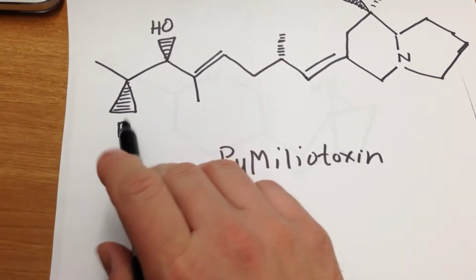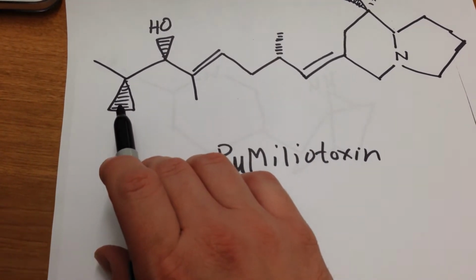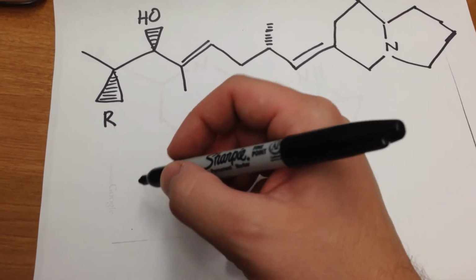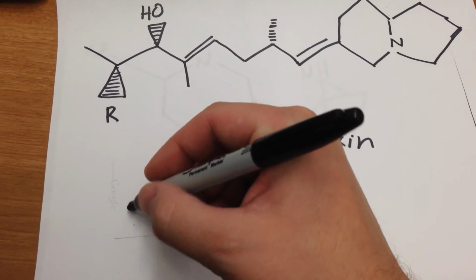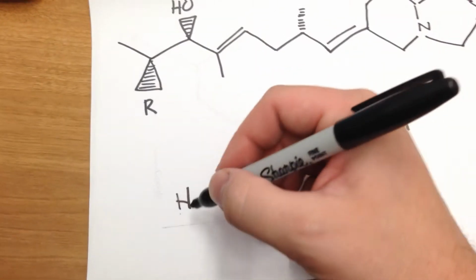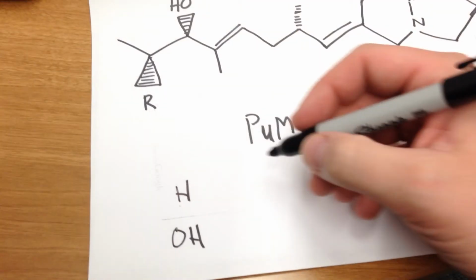If you see this little R chain here, this little group here, this can actually consist of two different things. And what we can do is we can either attach a hydrogen here or a hydroxyl group there.